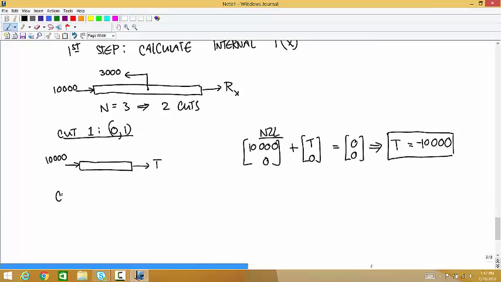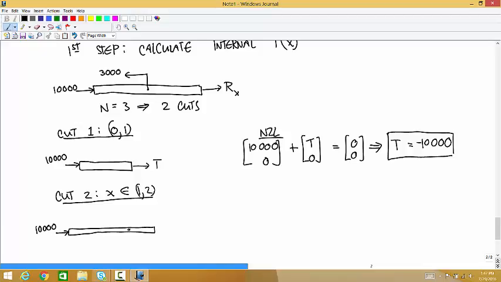And now cut 2. This is valid for x from 1 to 2. We have the 10,000 at the left.